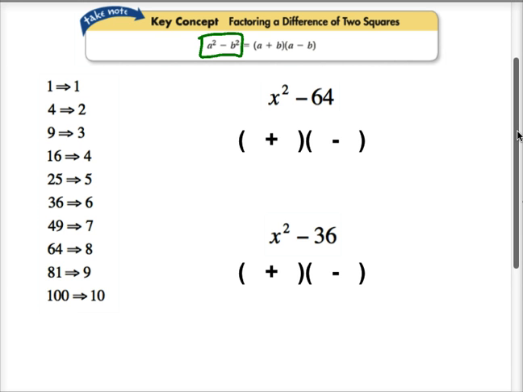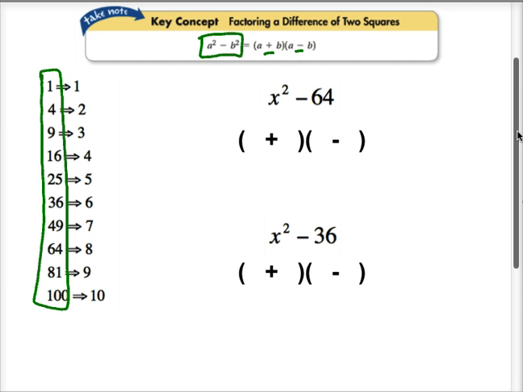If you have two things that are perfect squares, what you get in the end is this plus and minus relationship between them, because that cancels out the middle term and is why there's only two terms in the FOILed out expression. What you're looking for to signify these is you're looking for these numbers, okay?